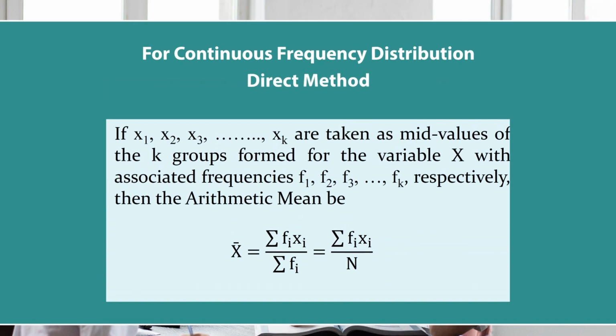Now, we come to the third kind of data, that is continuous frequency distribution, and here we discuss the direct method for calculating the arithmetic mean.